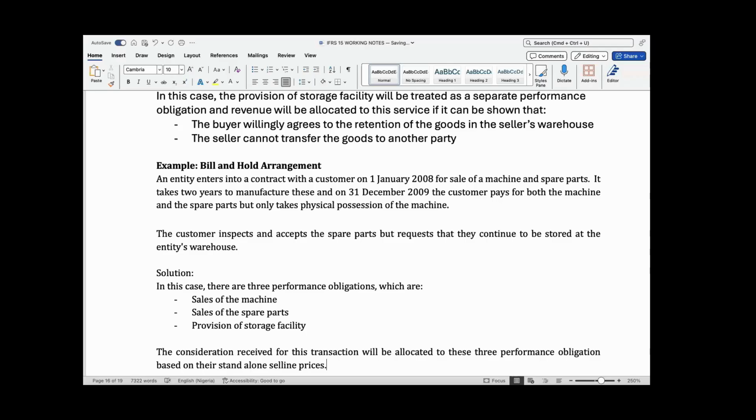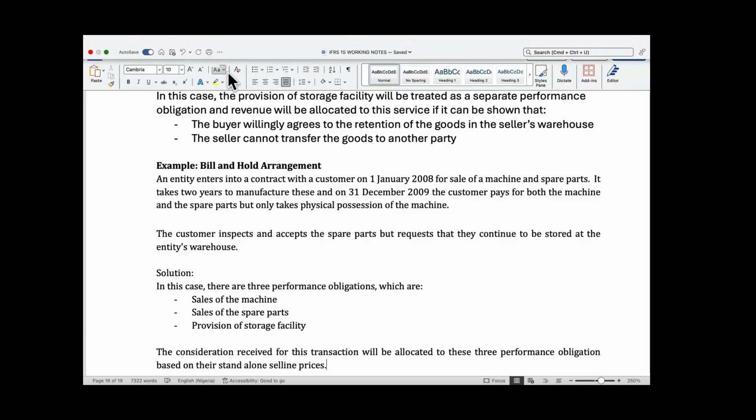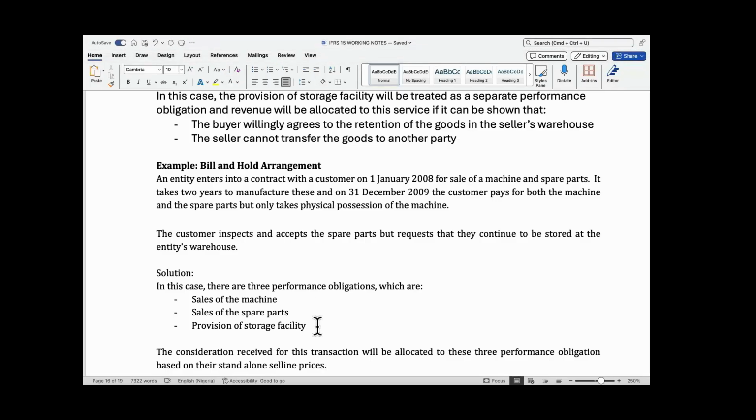So we're going to allocate the performance obligation to this transaction based on their standalone selling price. And that's the whole idea behind bill and hold. So the major focus is that holding, that storage facility provision, you should see it as a separate service. It is a separate service, and we recognize revenue on it.